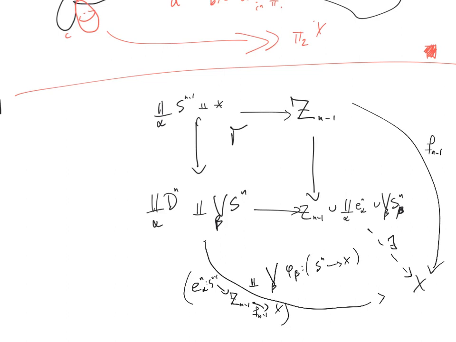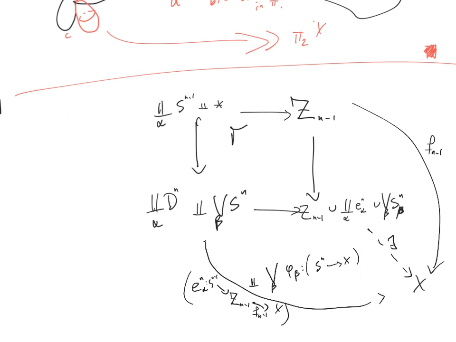Tracing from the top left corner, on the point summand, we go down and over and we get nothing, and going right and over, we get nothing. So you can do whatever you want on those S n's, which is why we're allowed to freely adjoin these phi beta maps. And on the alpha summands, on S n minus 1, you go over and down and you're doing exactly this E n alpha map, and then go down and over and you're doing the filling map, which recognizes the fact that it was in the kernel.